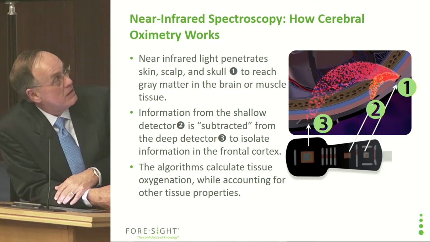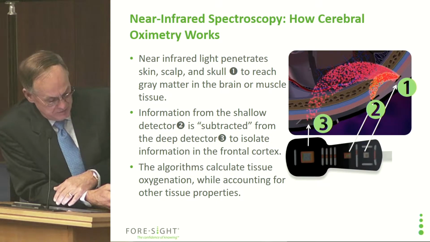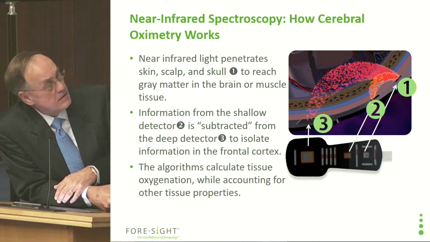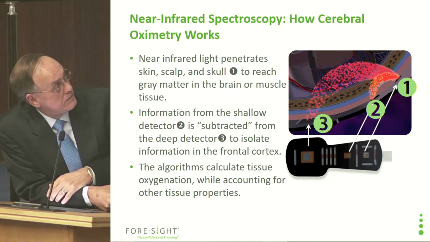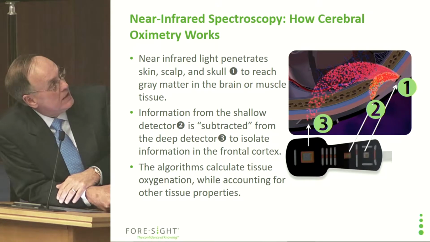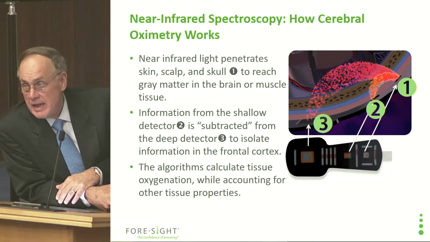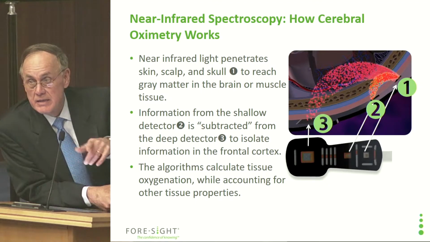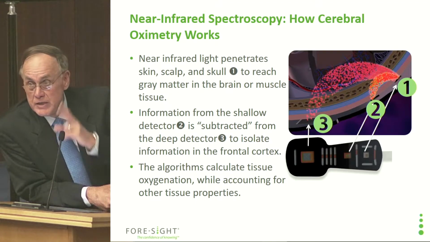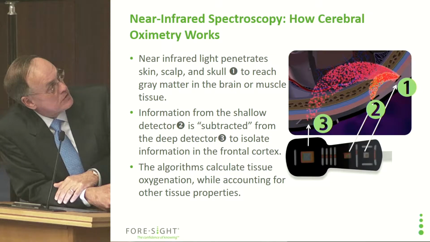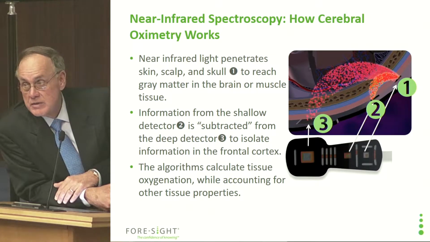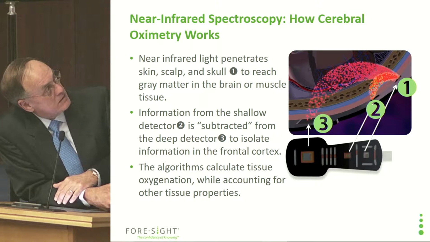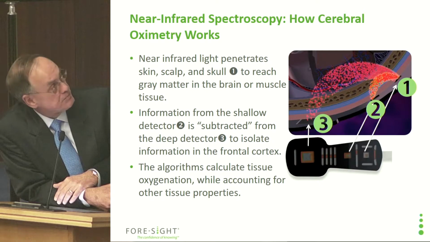Okay, so how does the technology actually work? This is the sensor that goes on the patient's forehead, and you can see here at position 1 is where the light emitting diodes, or light bulbs, actually emit the light. And we take 2 measurements. We take a measurement at position 2 and a measurement at position 3, because the light moves through the tissues in this elliptical or banana-shaped pattern.